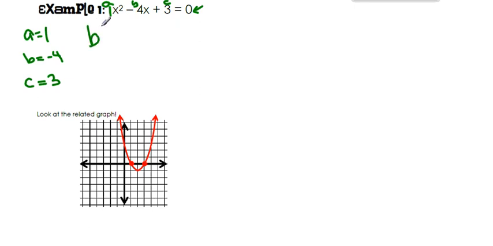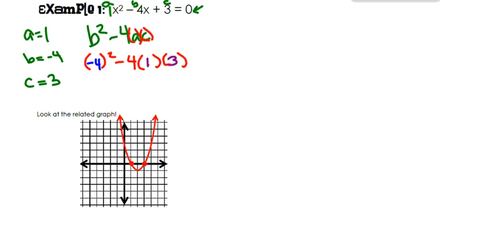So if I'm going to use that formula, b squared minus 4ac, I like to put parentheses around these guys to remind me that they are multiplying. Okay, so now we have b squared minus 4 times a times c, and so I'm going to plug in my b of negative 4 here. I'm going to plug in my a of 1 and my c of 3.